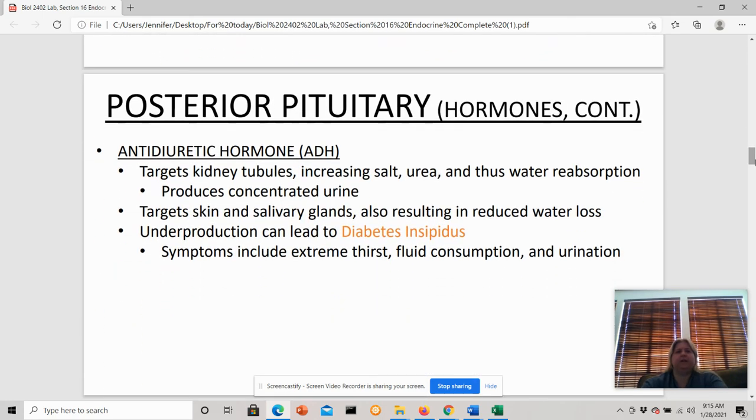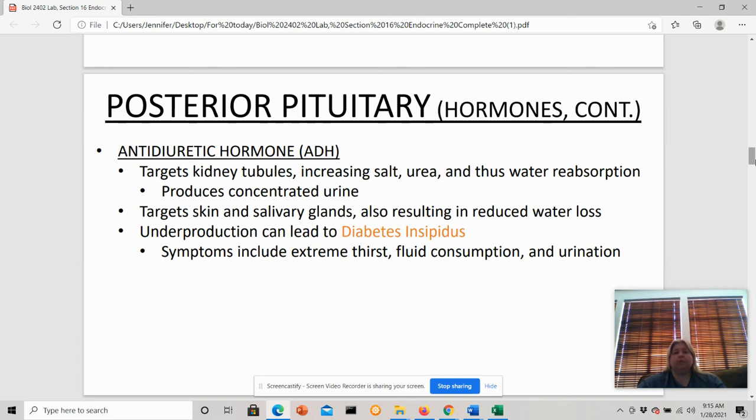we have finally antidiuretic hormone, or ADH, and I'm going to talk about this in great length a couple of different times, especially when we get to the chapter on the urinary system. But what it does is it targets kidney tubules to increase salt, urea, and then water reabsorption.